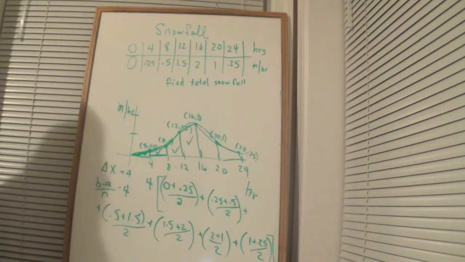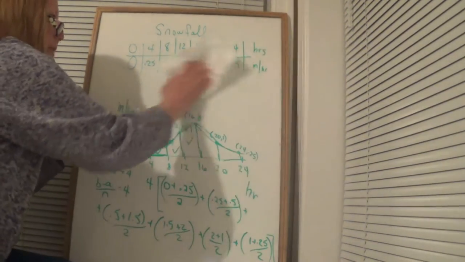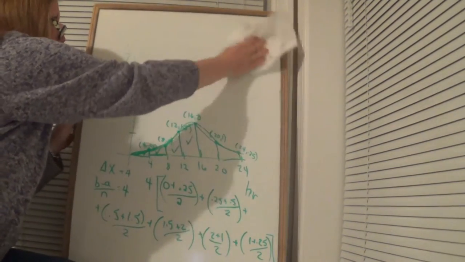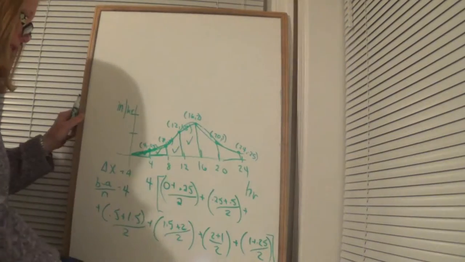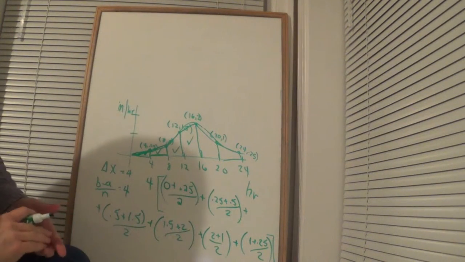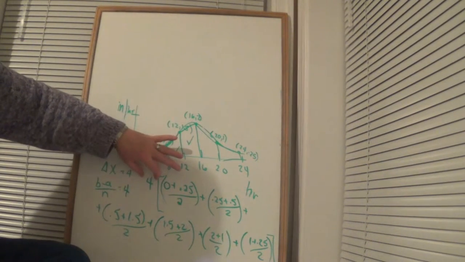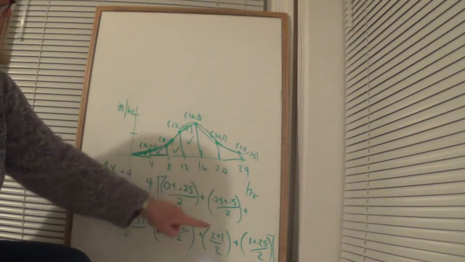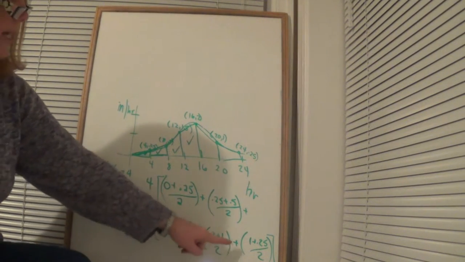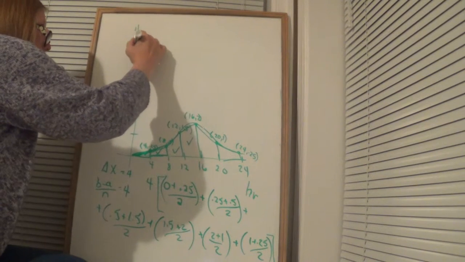I may want to make an observation now about the trapezoidal rule, and I'll move my work up here since you already have the chart written down in front of you. The width of each of these trapezoids I brought out in front, and look, there's another number I can bring out in front, and that is the 2, which will always be there in the trapezoidal rule.